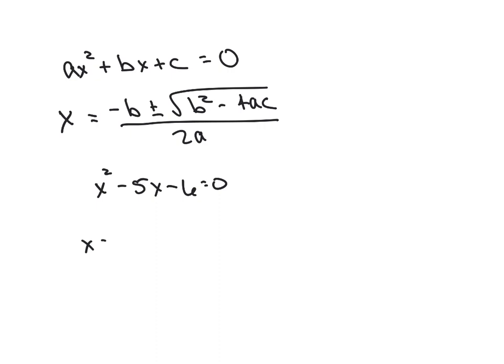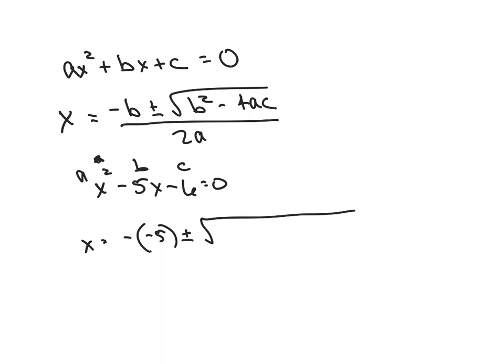X equals negative b. Negative whatever b is. Let's put an a here, a b here, and a c here. So negative, what is b? Negative 5. So negative b plus or minus square root, and then this says here b squared.